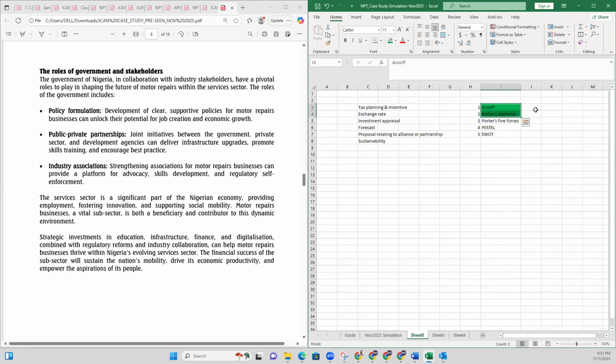Is it clear now? Yes, thank you. While you are writing on either of those 2, you still need to bear in mind that it could even be SWOT at the end of the day.